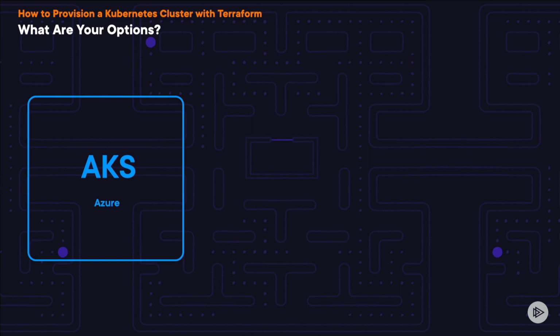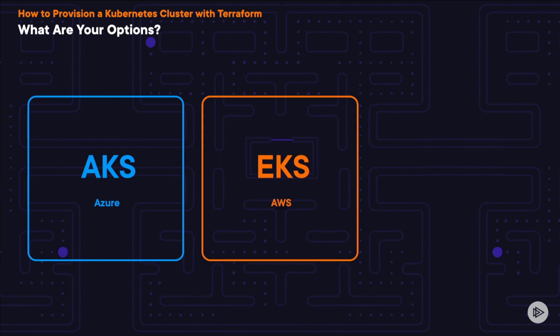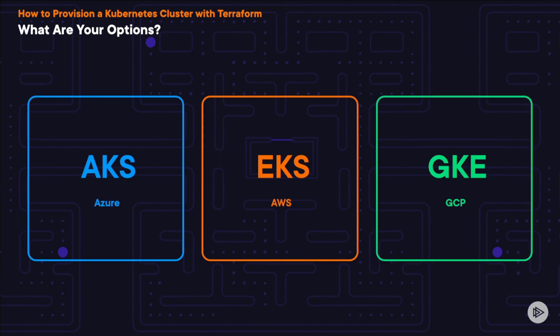First up, we have an AKS cluster in Azure. We can easily provision this with Terraform. An EKS cluster in AWS, and then also a GKE cluster in GCP. All three of these clusters we will provision in Terraform in our upcoming demos.